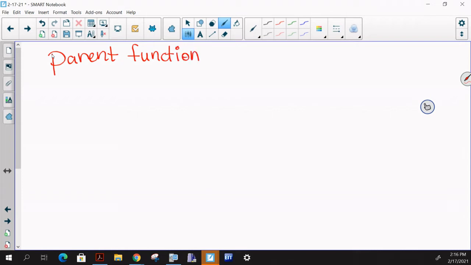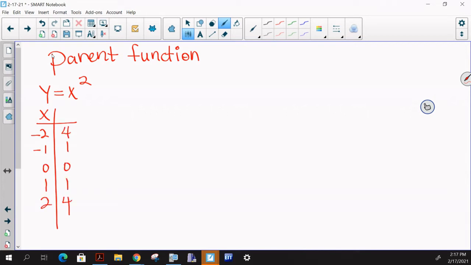And the parent function is, I'll say it in terms of y equals x squared, okay? The parent function will always have the same values. We've already looked at a table that it does. For example, if x is -2, -1, 0, 1, 2, these values are 4, 1, 0, 1, and 4.